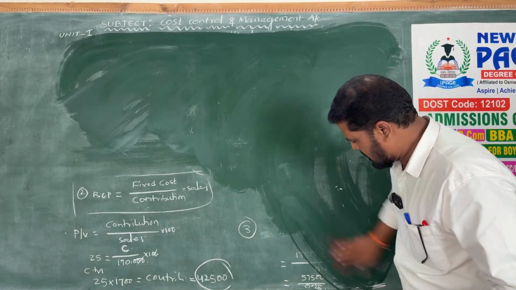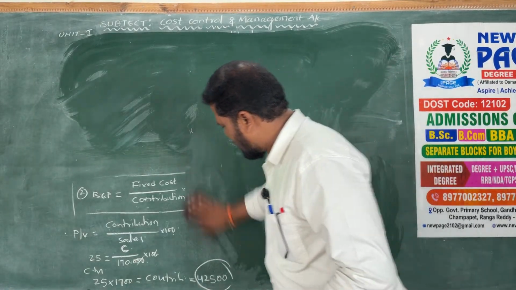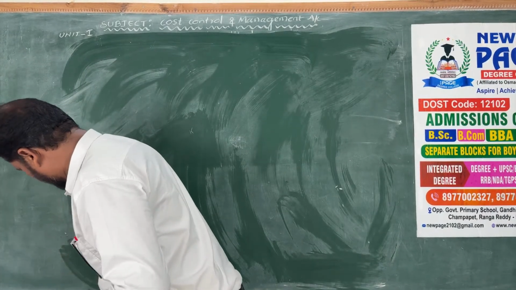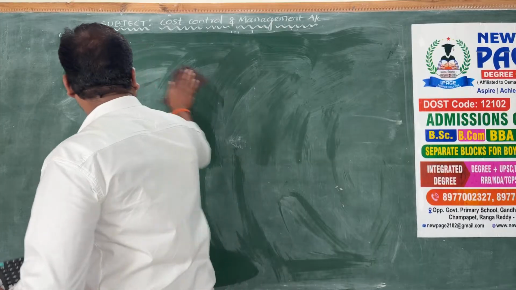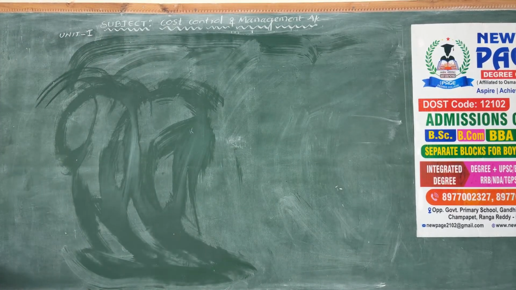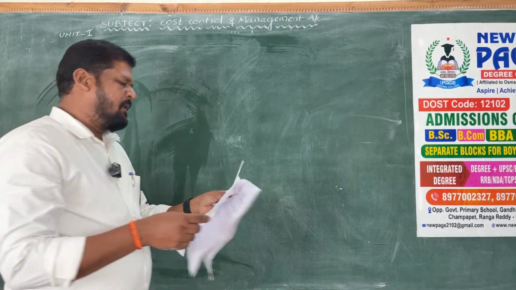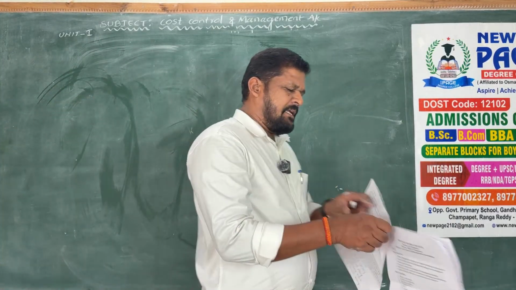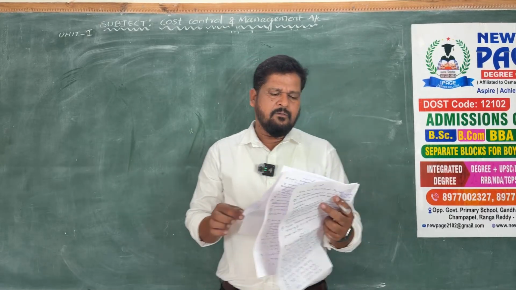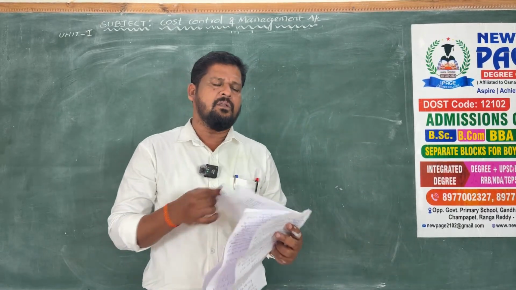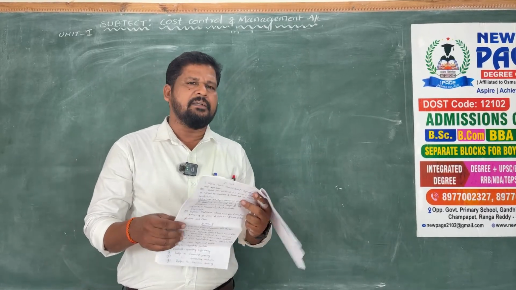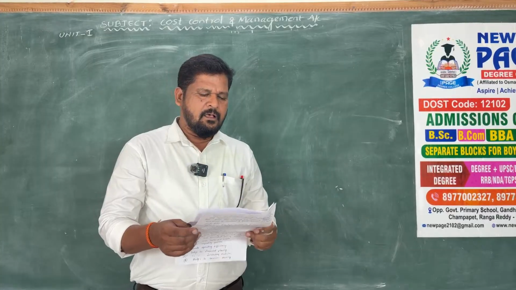Next, now going to the second unit. In the second unit, two chapters are there. First chapter is budgets and budgetary control. Second chapter is standard costing. Right?